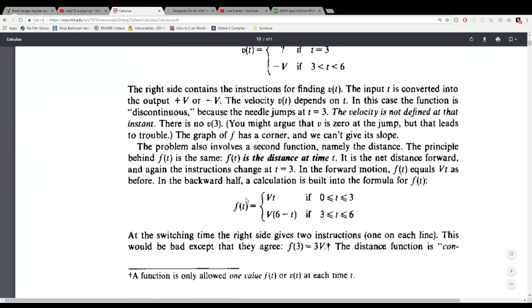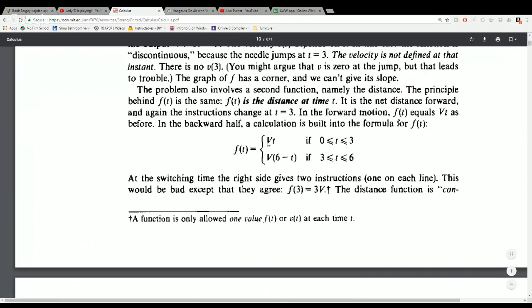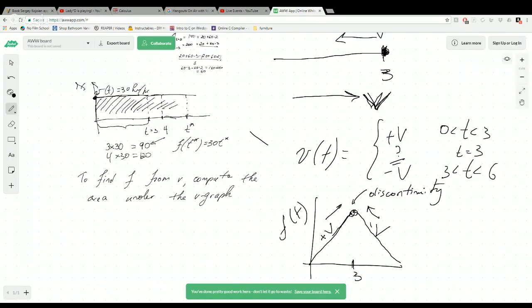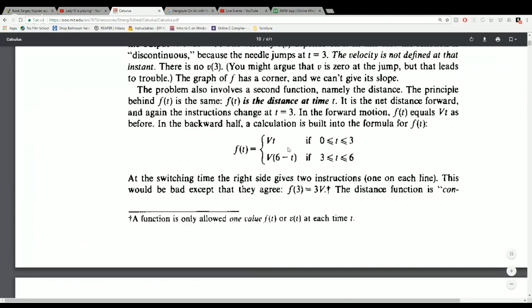All right, the problem also involves the second function, the distance. And this is exactly the graph we just did, right? This is the v of t between 0 and 3. Here it is, vt. And then here is the second line. This is the line that's upside down and it goes down. At the switching time, the right side gives two instructions.